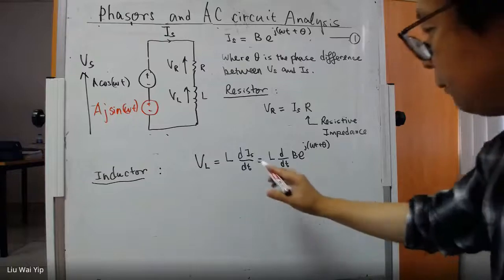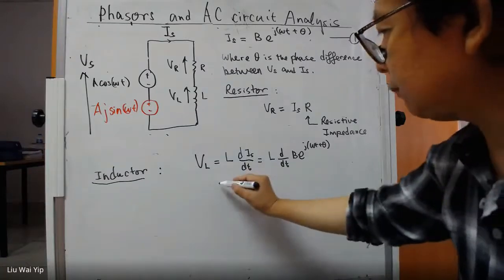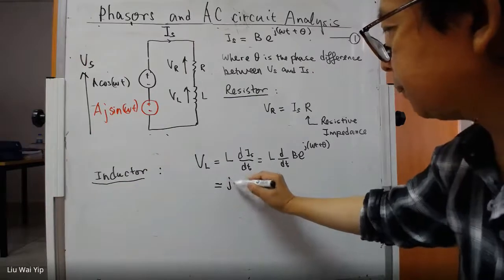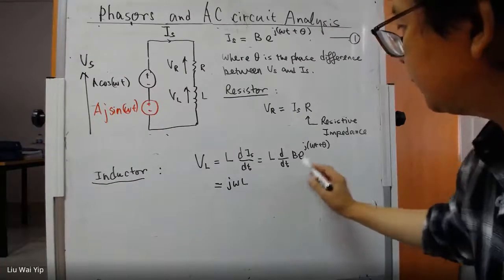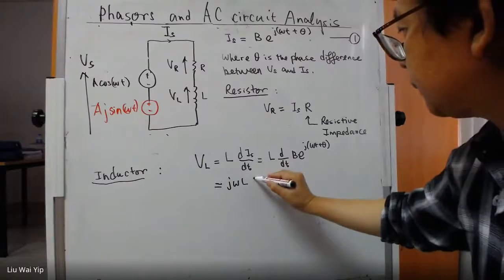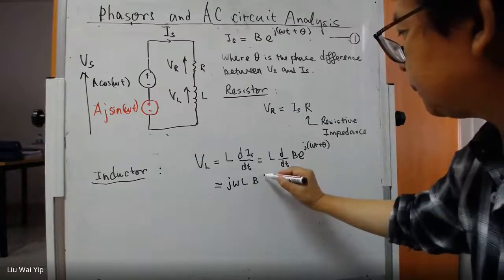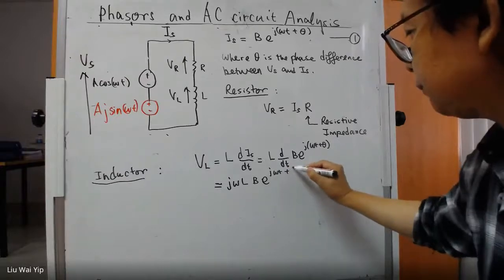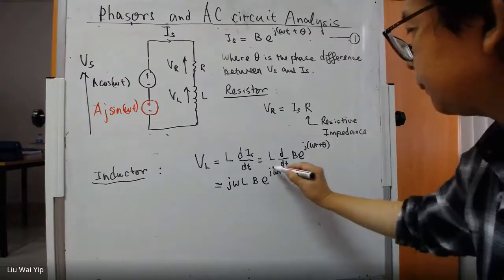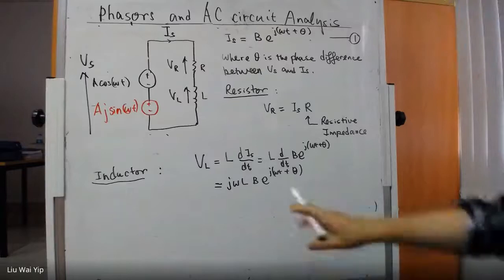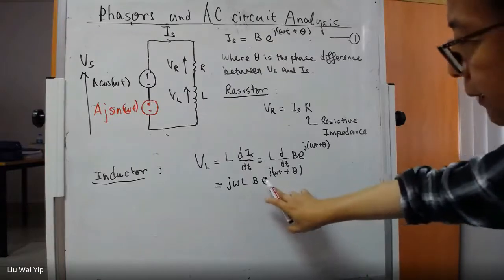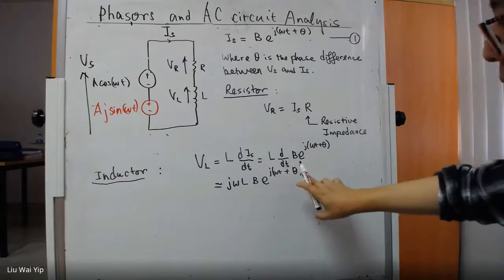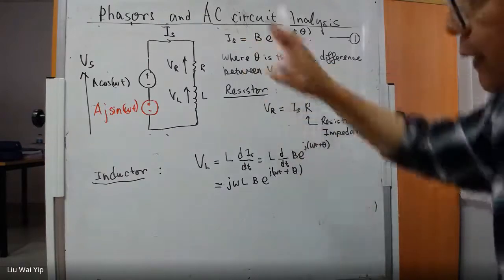Now, if we do it carefully, we will end up with j omega L times B e to the power j(omega t plus theta). But hang on a minute. B times e to the power j(omega t plus theta) is actually Is.